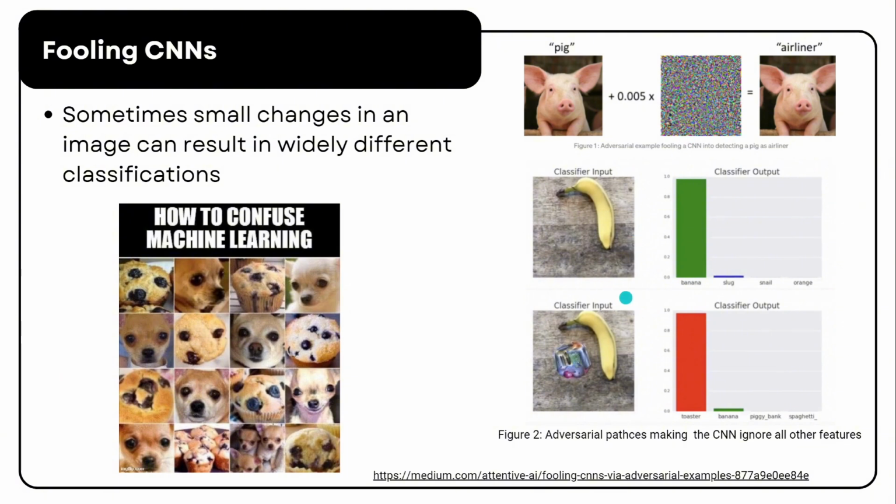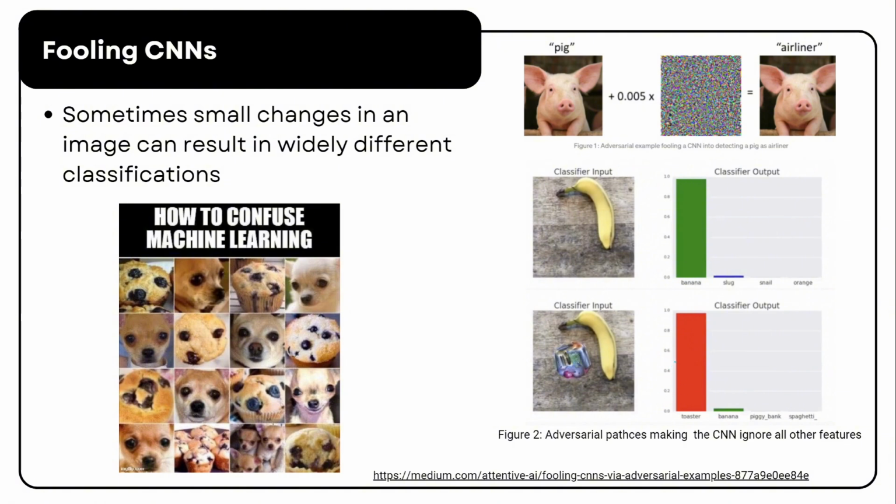Then, in the second example, we take a normal banana, clearly a banana, and paste a small patch from a different image, I think this one is a stone or some sort of object. The result is the CNN now classifies the entire image as a toaster, completely ignoring the banana in the scene.